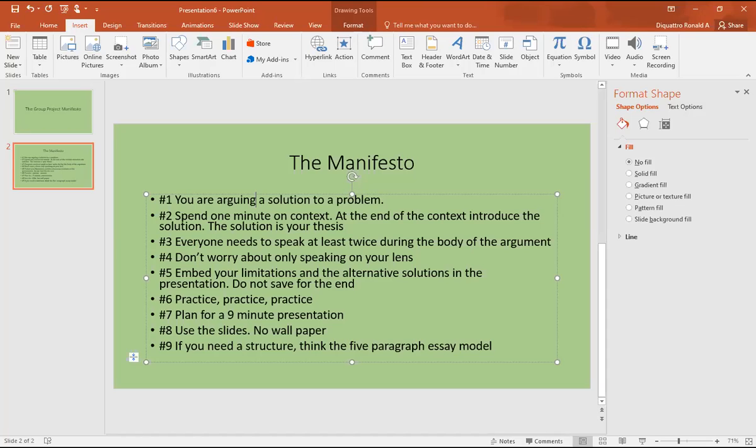Okay, but don't be spending 5 minutes on context, because this needs to be, and here's what the solution is. All right. So don't get carried away with that. Spend roughly a minute on your context. Okay.